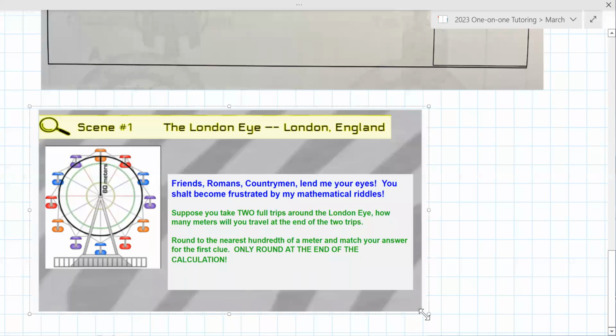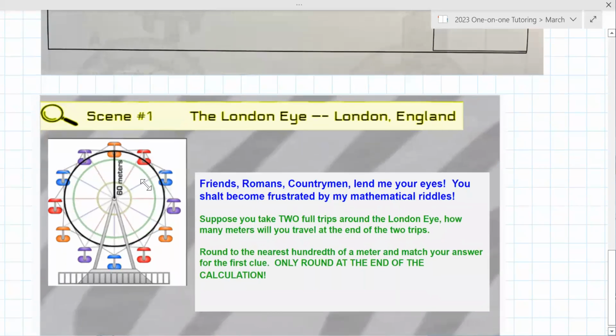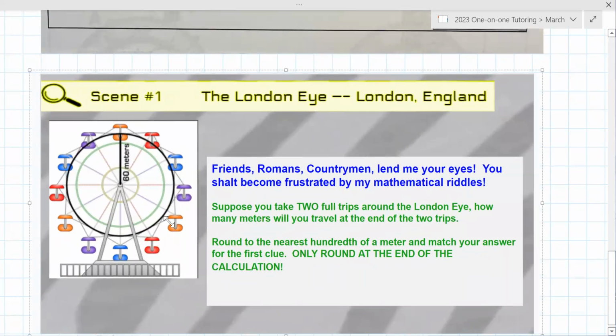Suppose you take 2 full trips around the London Eye. How many meters will you travel at the end of 2 trips? Okay, I've got that up here. I'll snip that in. The idea here is that you're going all the way around the circle once and then going around twice. That is the circumference.